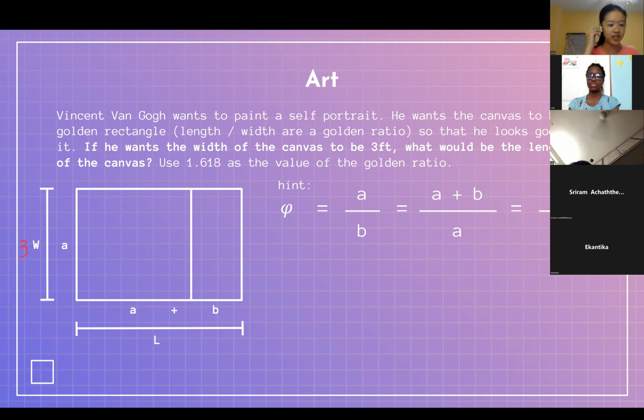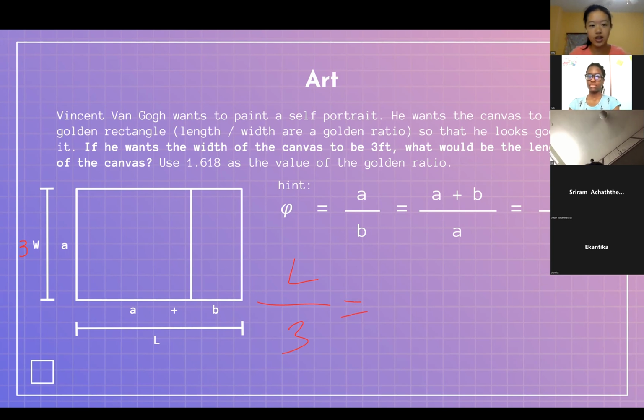Okay, I see a couple of answers. The answers are a little bit mixed at first, but it looks like a lot of people are saying 4.854 now. So we're solving for the length, which I'm just going to call L, and then divide by the width, which in this case is 3.